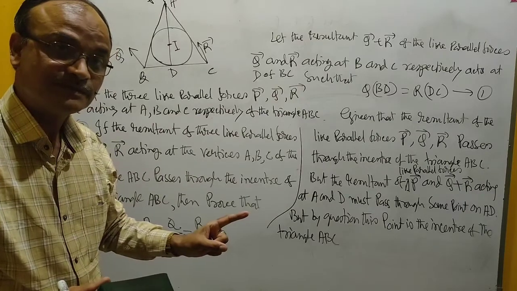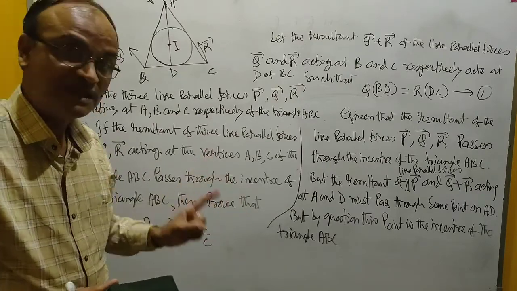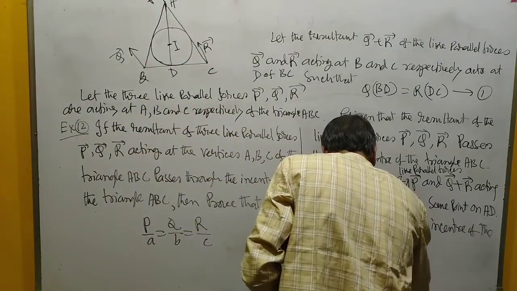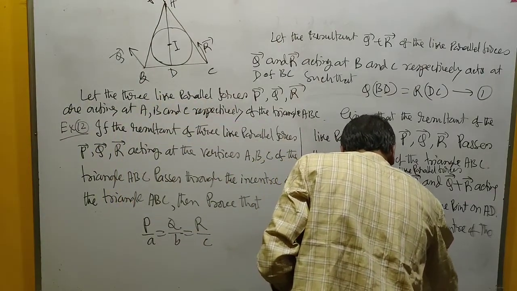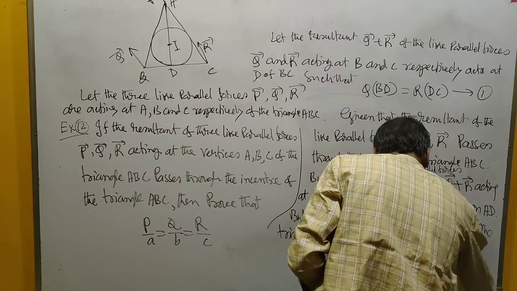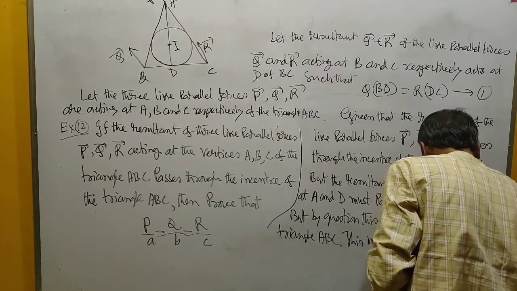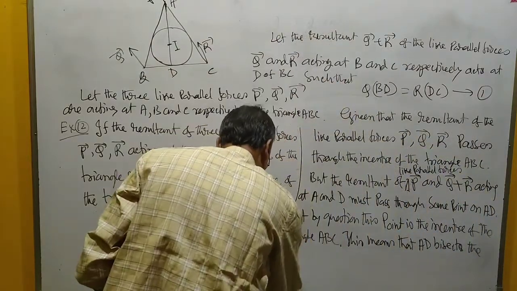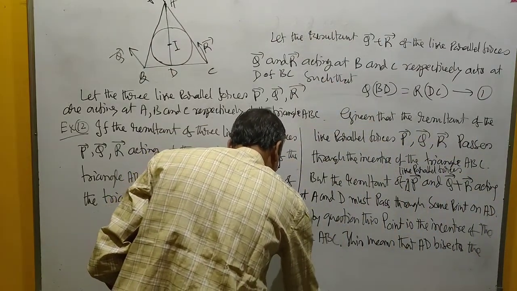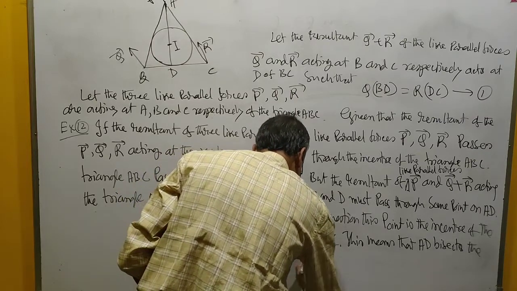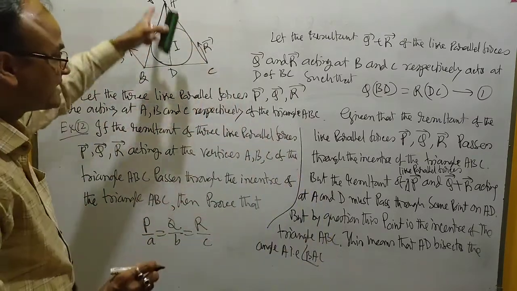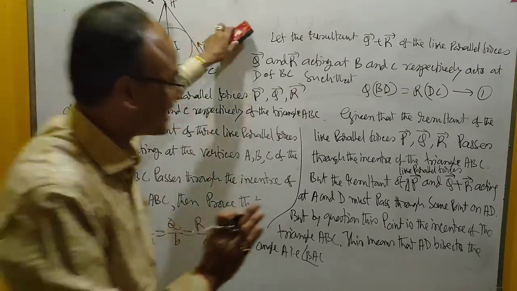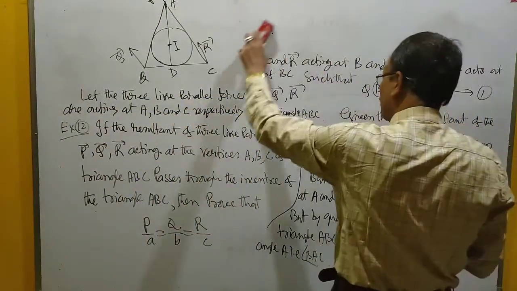What does it mean? This means that AD bisects the angle A, that is, angle BAC.